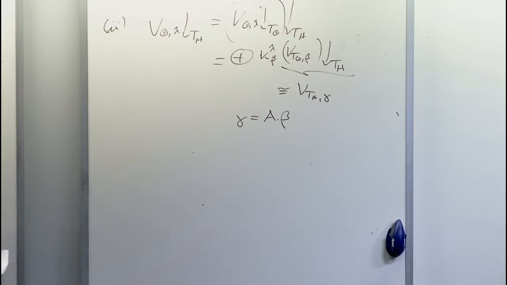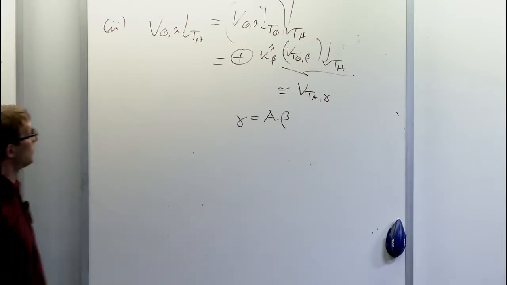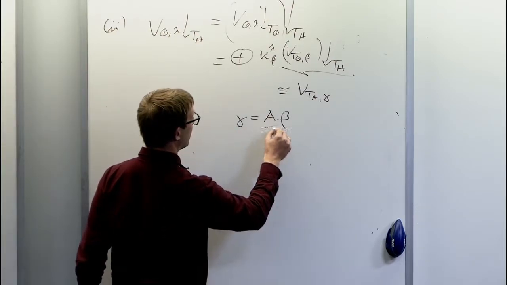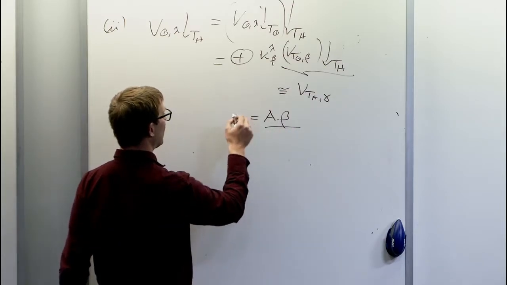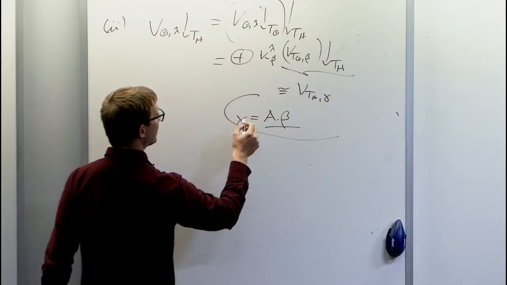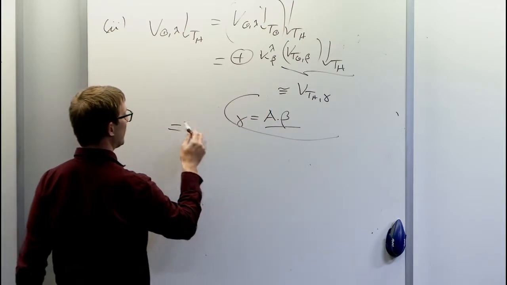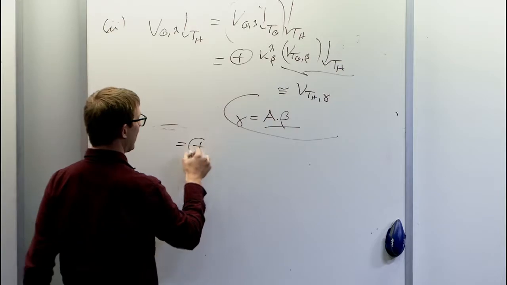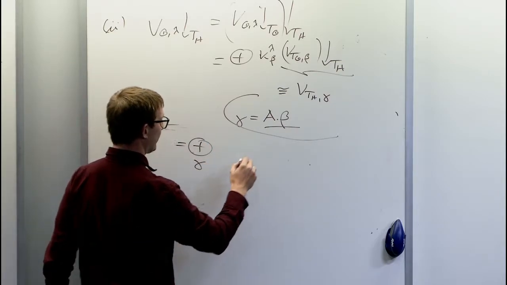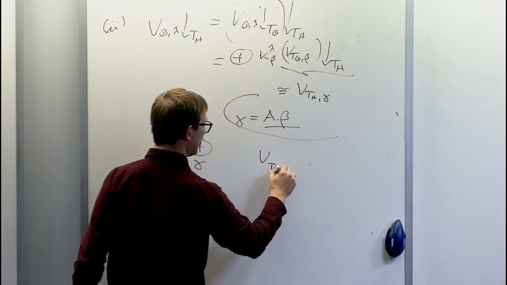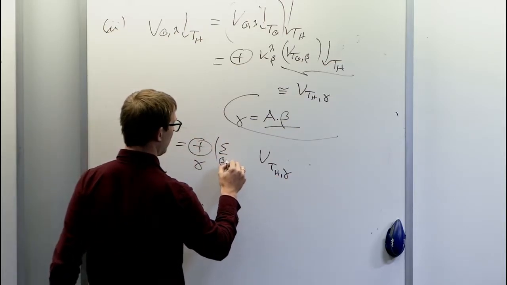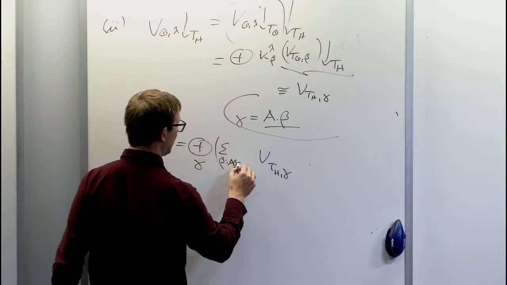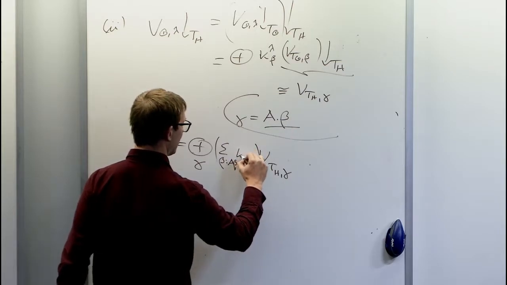Yeah, A is a matrix. A is a matrix I apply to beta, I get gamma. Okay, and now if I continue that argument, then I have a sum over gamma with V_{T_H} gamma, and then here I have a sum over all the betas such that A beta is equal to gamma, and then I have the Kostka coefficient.